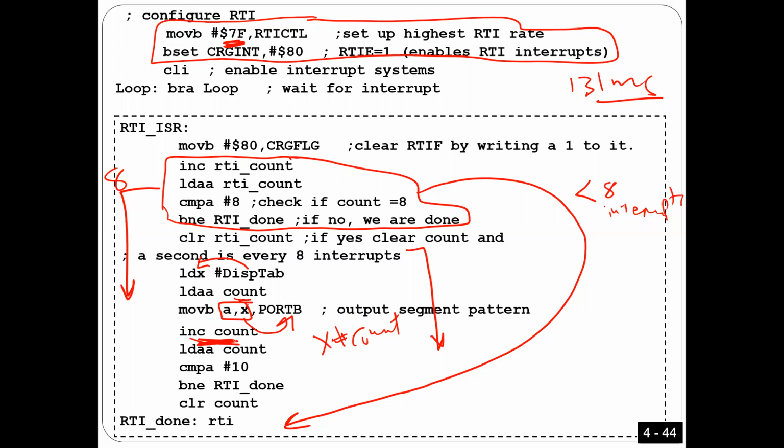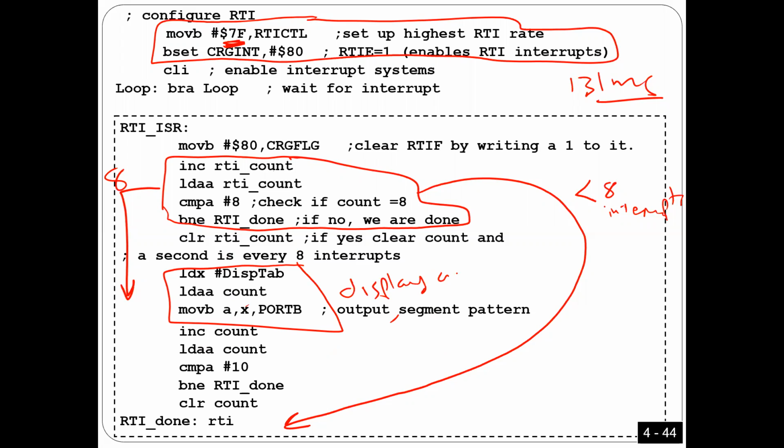So now I'm done. So this part here, guys, should be display 1 digit. Okay. Now, I'm gonna display a digit which is which location? The beginning address plus count.